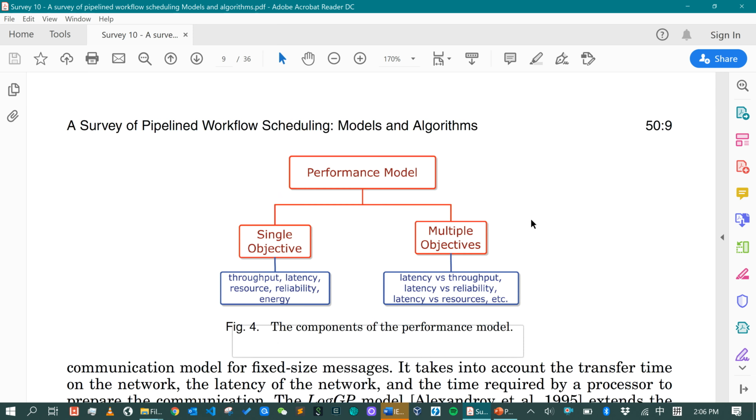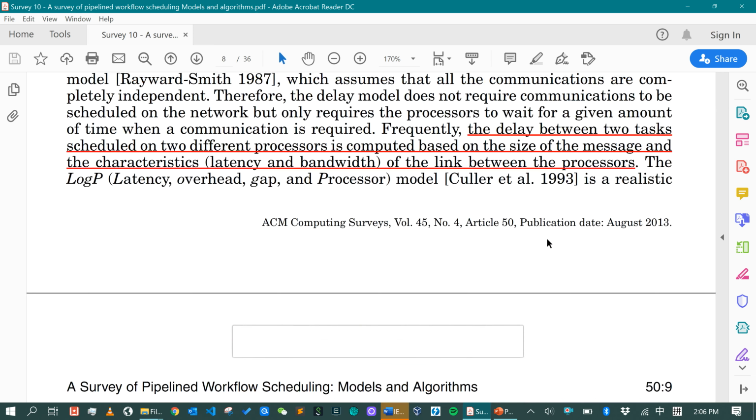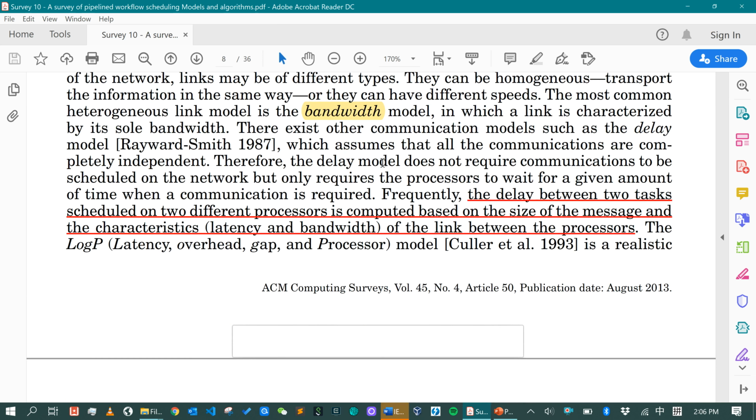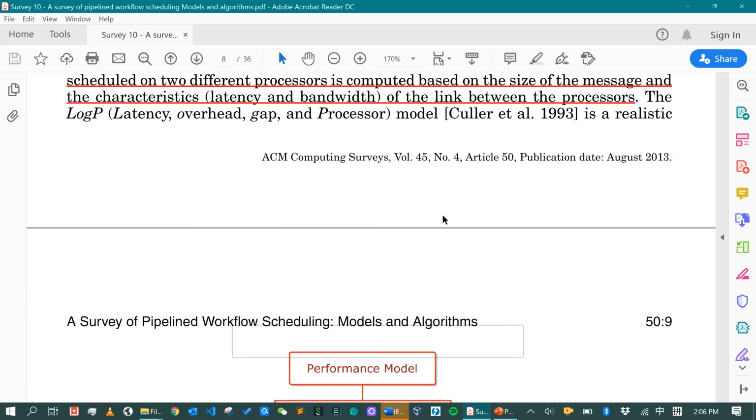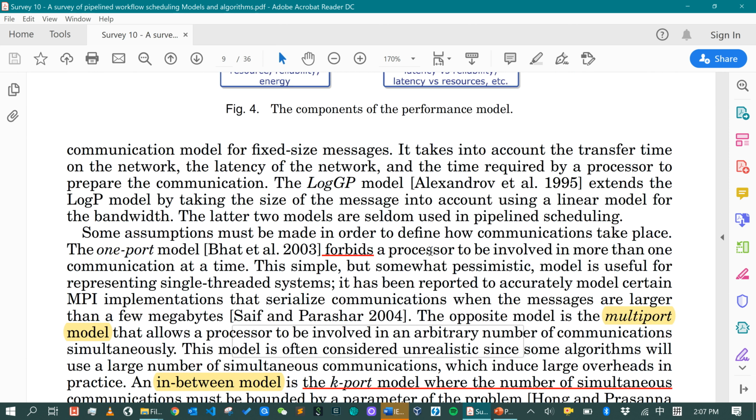So, getting back to this paper. Even for the communication model, there are different bandwidth models. One is the one-port model, which does not allow a processor to be involved in more than one communication at a time.